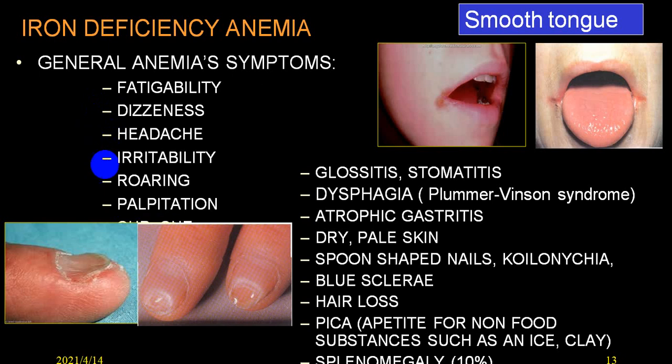There are other things which can also help you suspect it. Another thing which is quite common is dysphagia. When iron deficiency anemia is associated with dysphagia, we call it Plummer-Vinson syndrome or Paterson-Kelly syndrome. And very frequently in children, you get abnormal appetite, which we call pica. That is another very common symptom in a person with iron deficiency anemia.